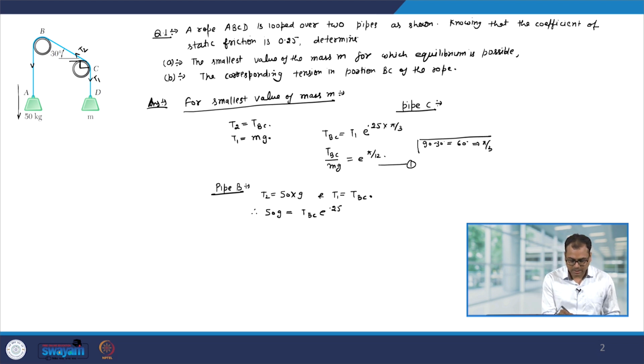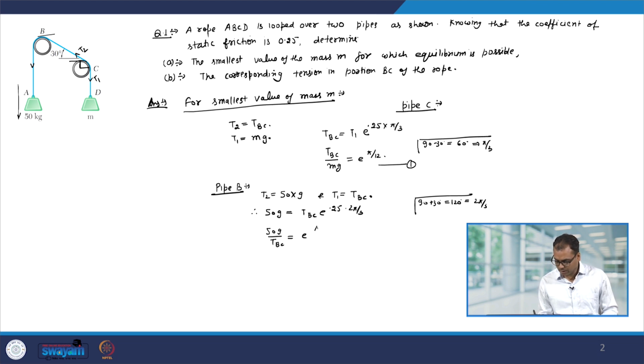Now, in this case, the total angle is 90 plus 30 degrees, which is 120 degrees, and that is equal to 2 pi by 3. So, into 2 pi by 3, I can write down 50g over TBC equal to e to the power pi by 6. Let us call it equation number 2.